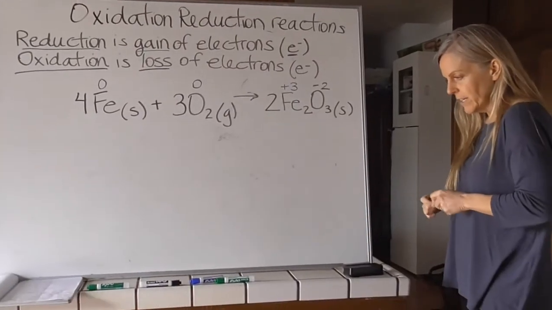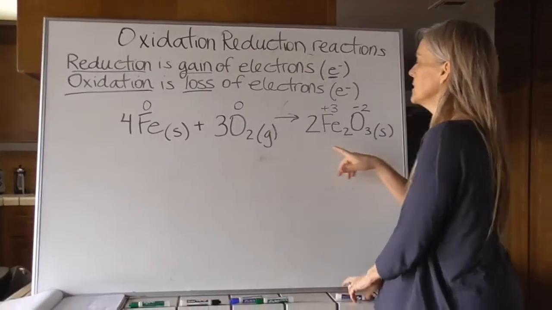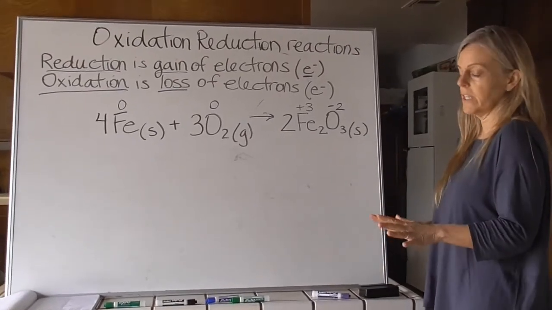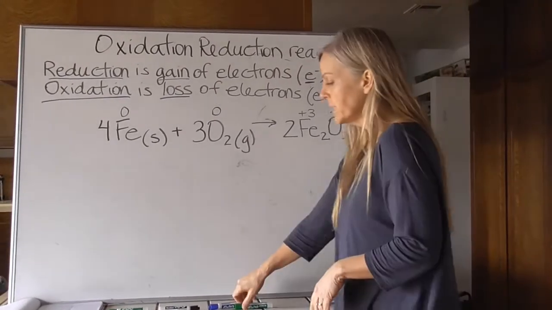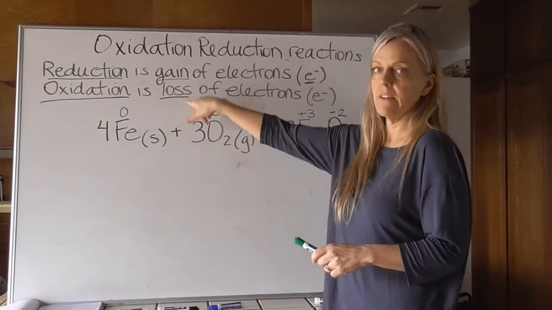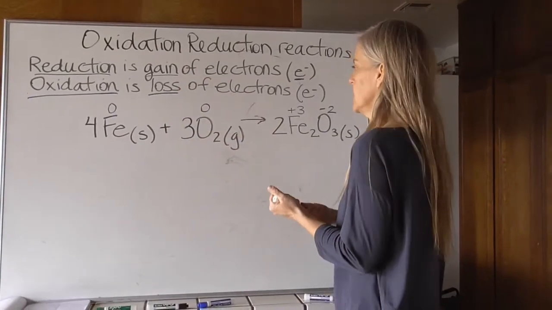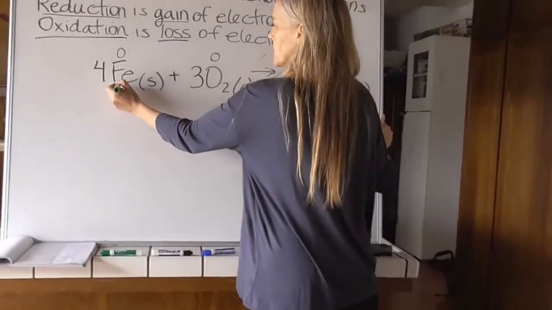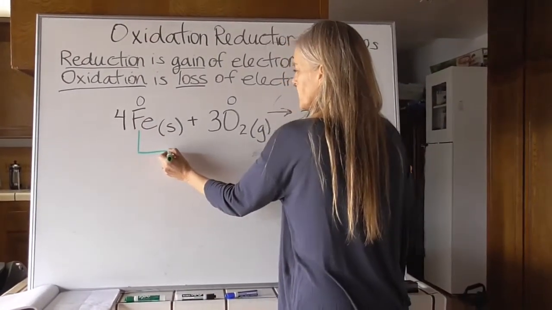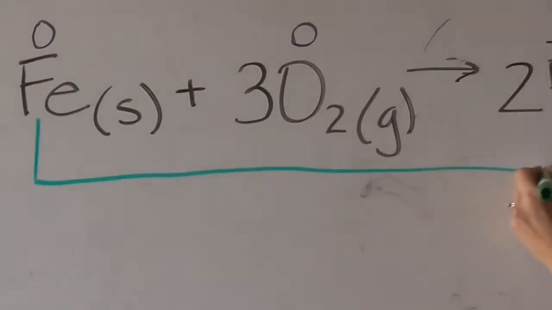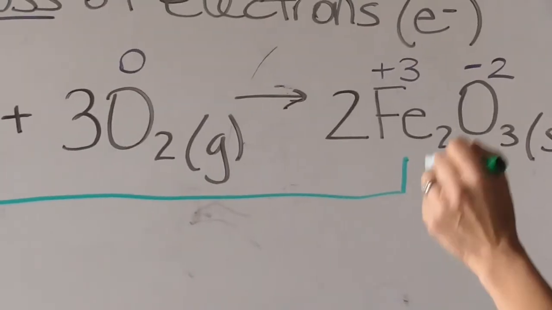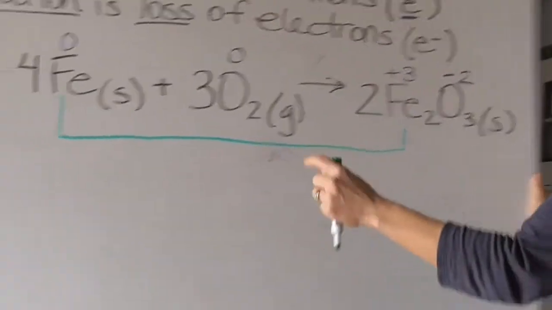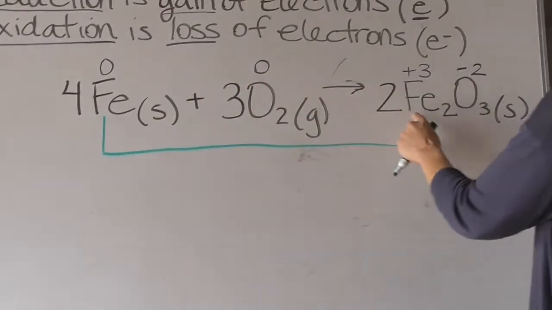So for iron, you look at each atom and see how it changes. It's possible that there are atoms that do not change in oxidation number. But if they do change, it's because they're gaining or losing electrons. So for iron, it's going from 0 to +3. So the oxidation number on iron is going up.